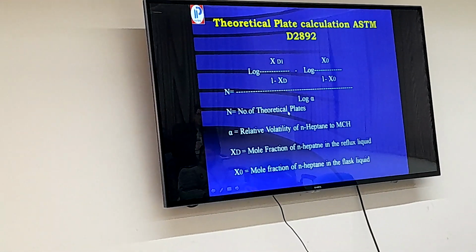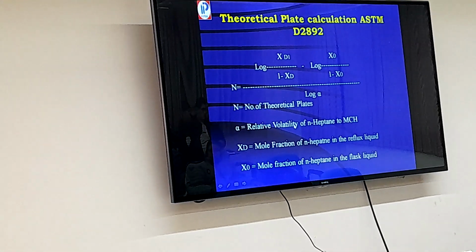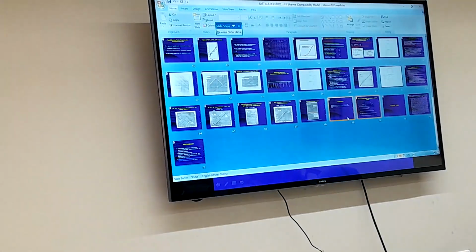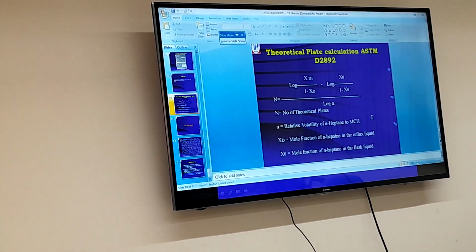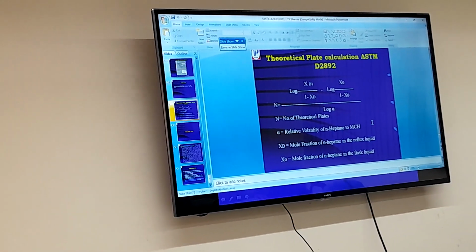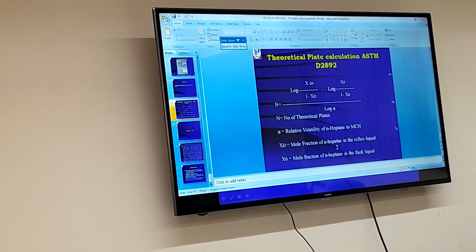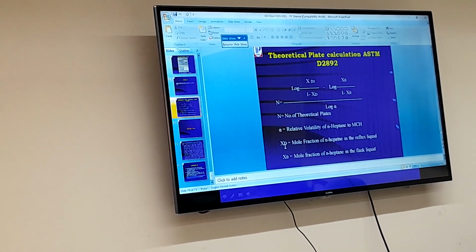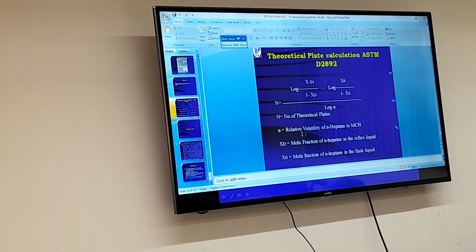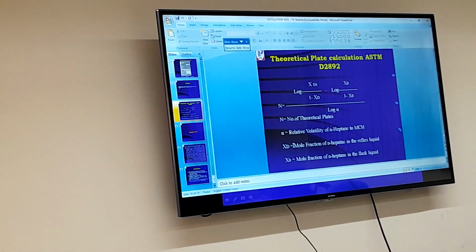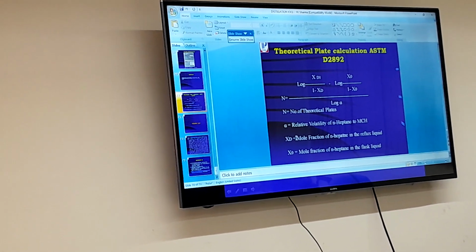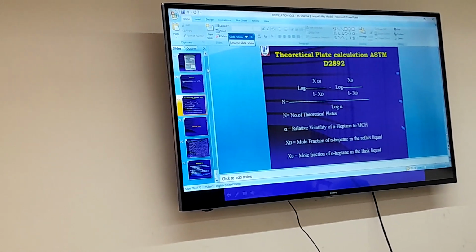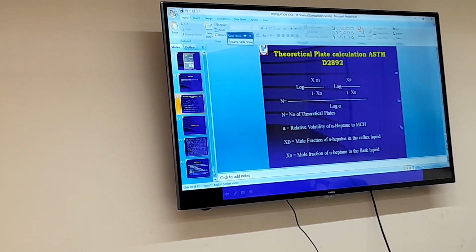Now how will you find the relative volatility of n-heptane to MCH? The main thing is that you have to find out XD and X0. What you will do is this distillation.